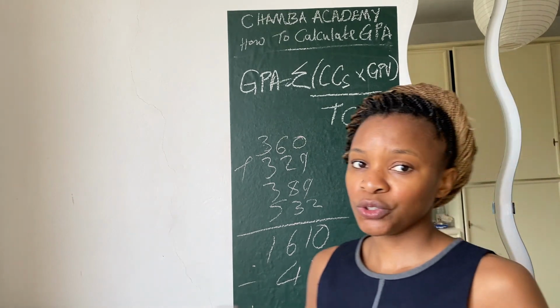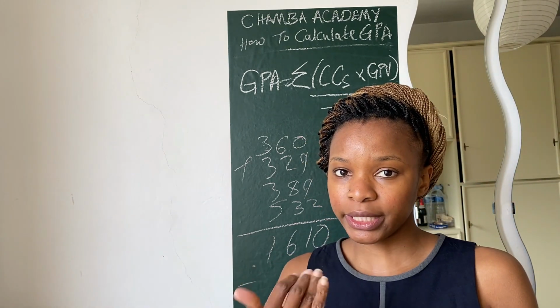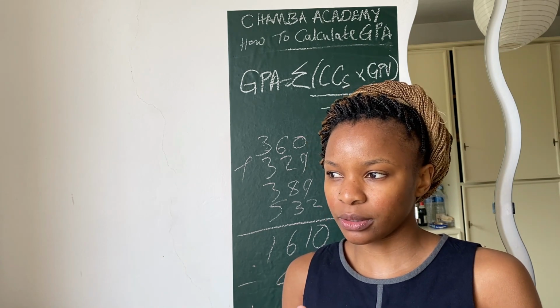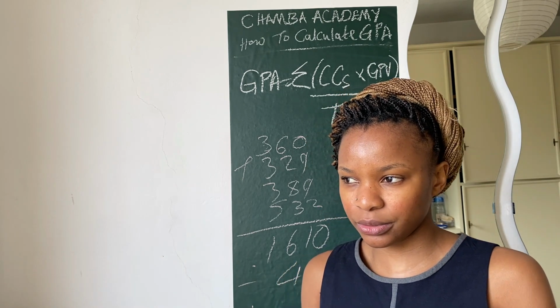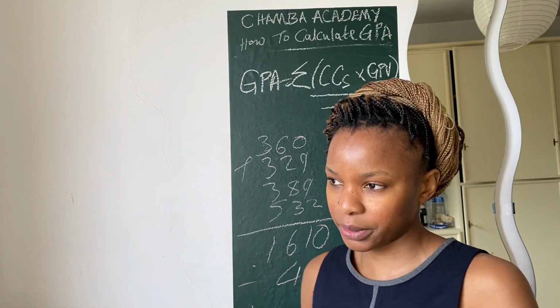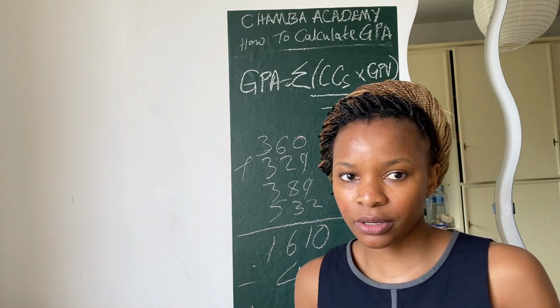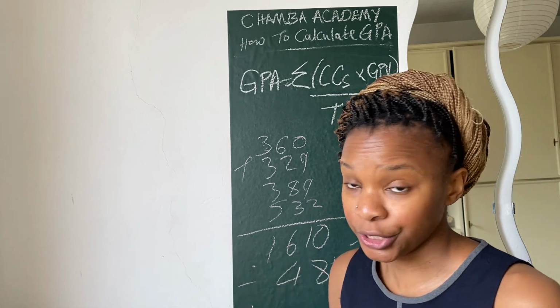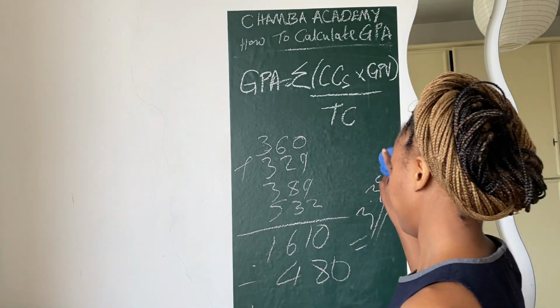So just to be sure, I rather break it down per year with the total credits per year, and then just divide everything over 4 years. Sorry, yes, 4 years.